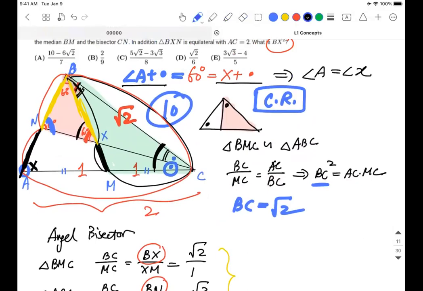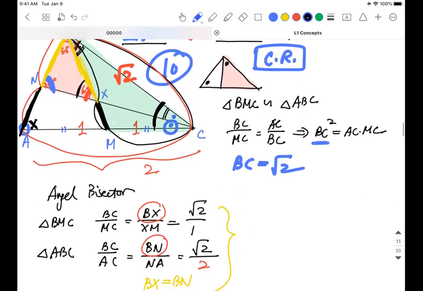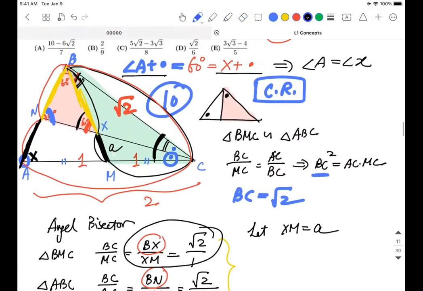You can actually use one variable to present them all. Why? Because from here, BX is √2 of XM. I'm going to let XM equals to A to make my life easier. This is A. Then your BX will be √2 times A, right?